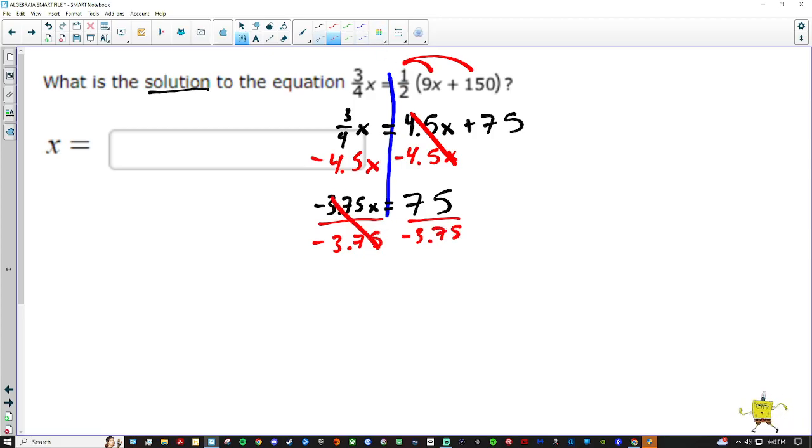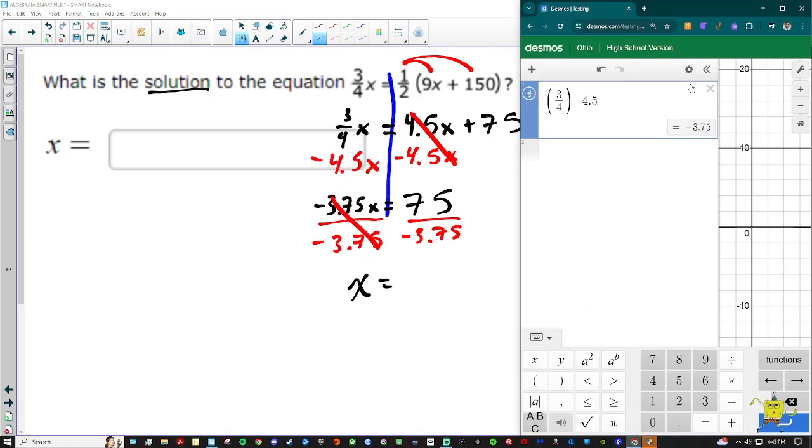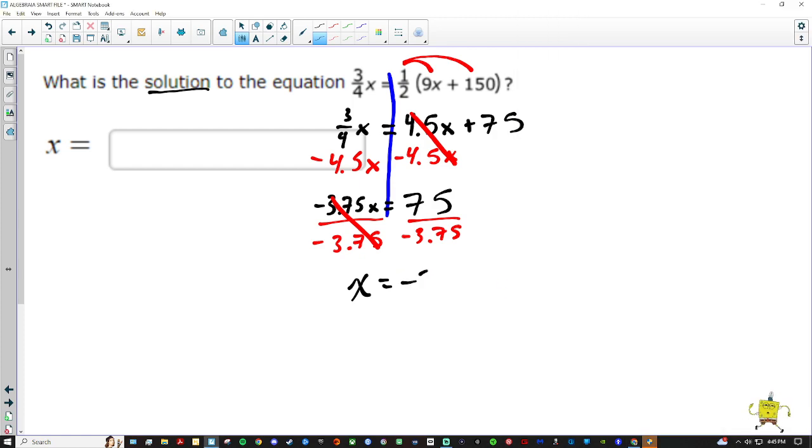Those are gone. So x equals, again, decimals do not mean you did it wrong, because they frequently like to use them to trip you up. So just use your calculator, and we get negative 20. Type it in your box, and we're done.